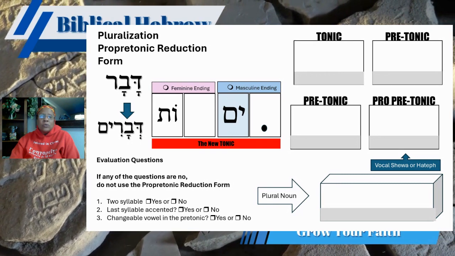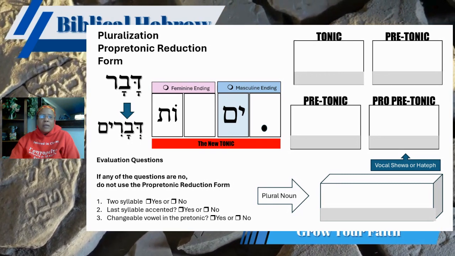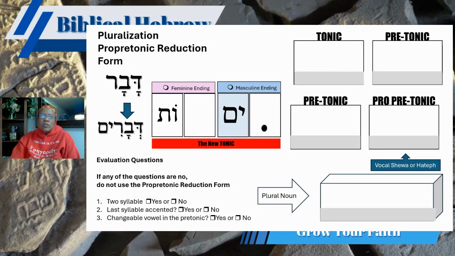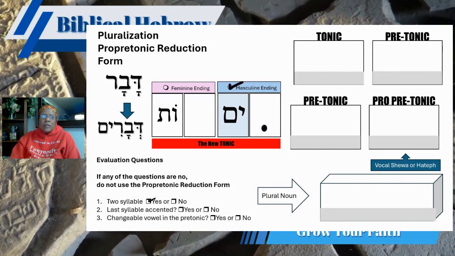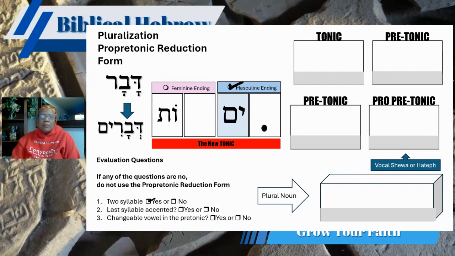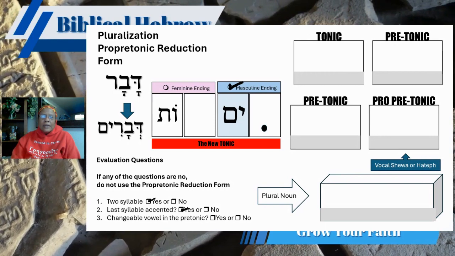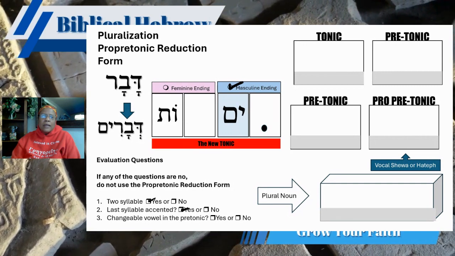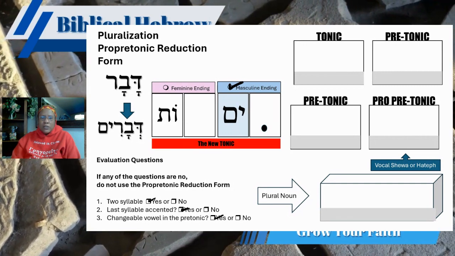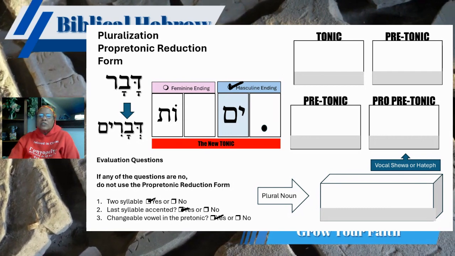We're going to change it to a plural noun. It is going to be in the masculine form. So we are going to use this format. This word davar is two syllables. The last syllable is accented, and the vowel in the pre-tonic is changeable.